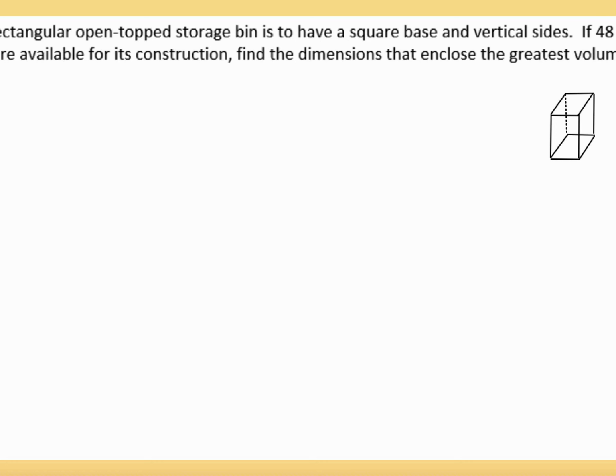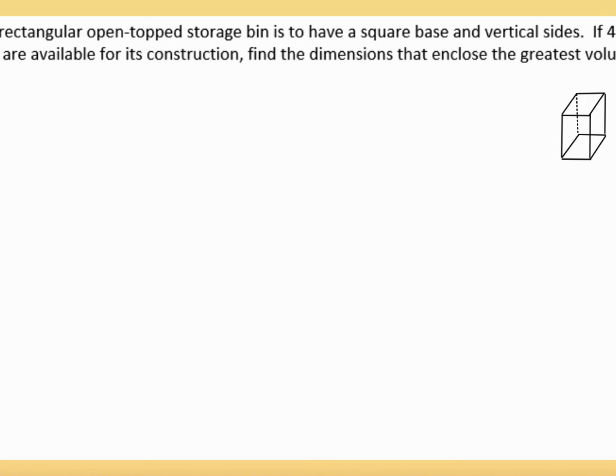Now, if my base is square, then this side and this side are going to be the same. And if my sides are rectangles, the heights are going to be y. Remember it's open top, so it's got a bottom but not a top, and the area has to be 48 meters squared, because that's how much plywood we have available for it.